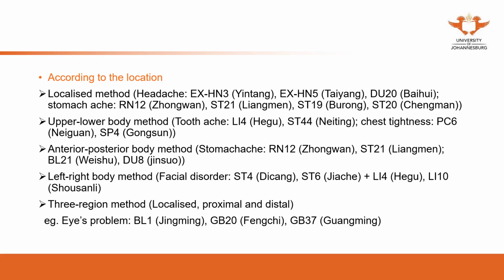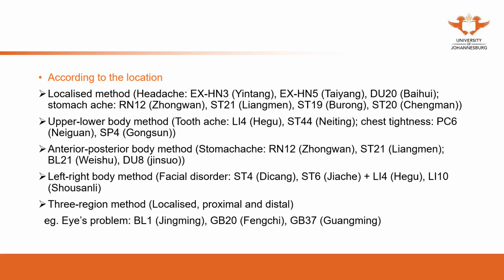Left and right method. For facial disorder, sometimes we can choose stomach 4, stomach 6, and then we use large intestine 4, large intestine 10 on the other side of the body. For example, a patient suffers from facial disorder on the left side.